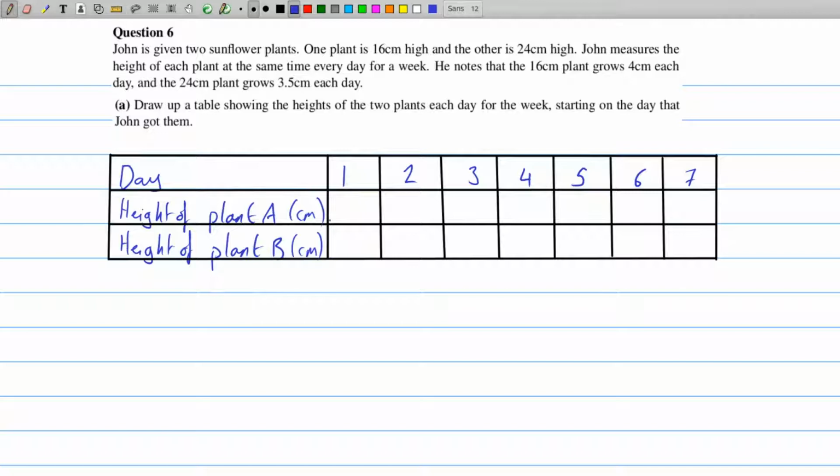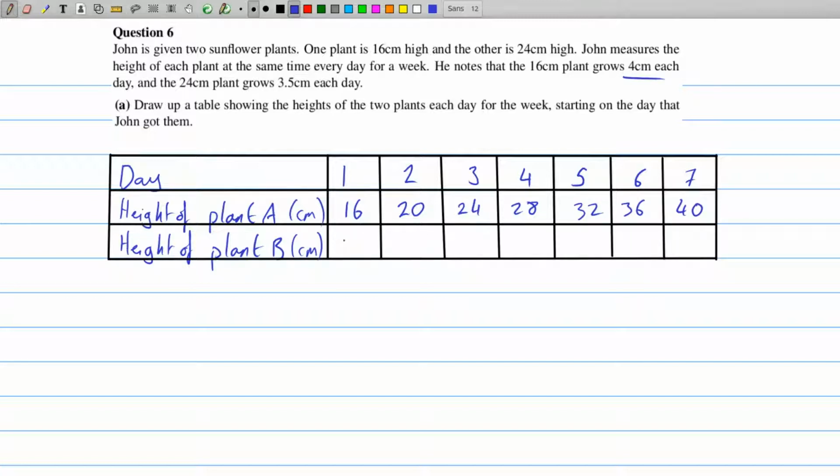Just for the sake of clarity, I'm noting that the heights are going to be measured in centimeters. So plant A, we'll say, is the one that starts out shorter, so that starts out as 16 centimeters high. It grows by 4 centimeters each day, so the second day it'll be 20 centimeters high, then 24, 28, 32, 36, and 40.